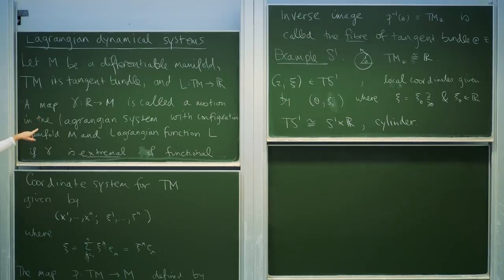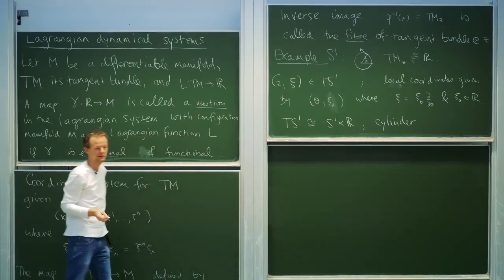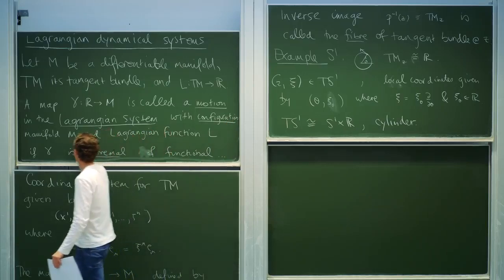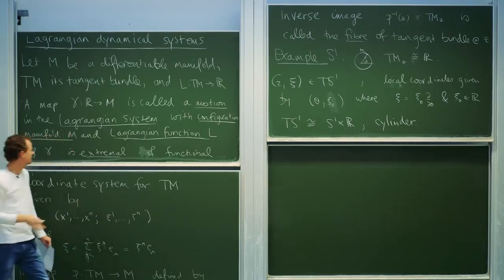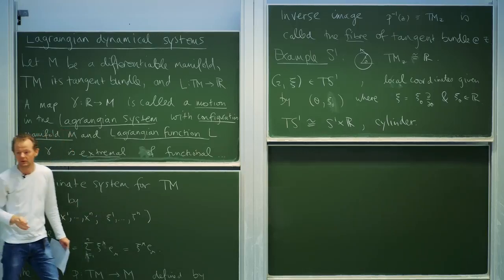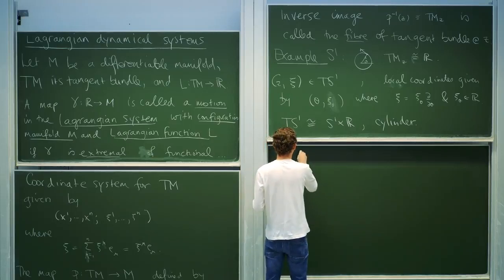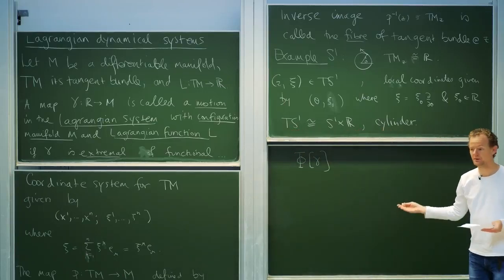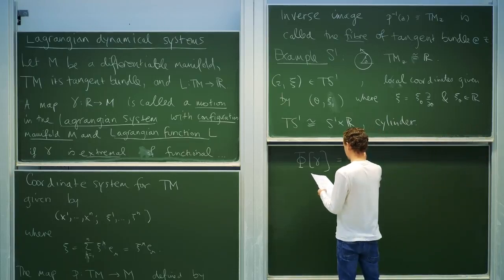And a curve in our manifold is called a motion in the Lagrangian system with configuration manifold M and Lagrangian function L if this gamma is extremal for some functional. And that functional is this action here. So phi takes a curve and produces a number, and it produces a number according to this recipe here.